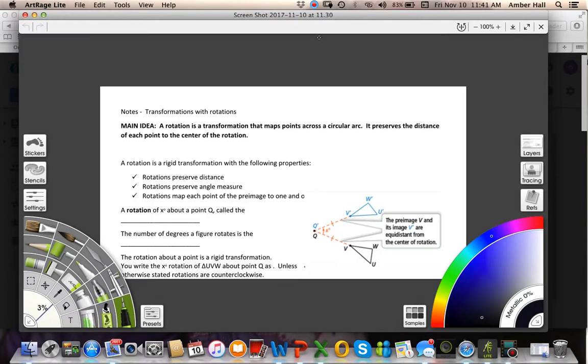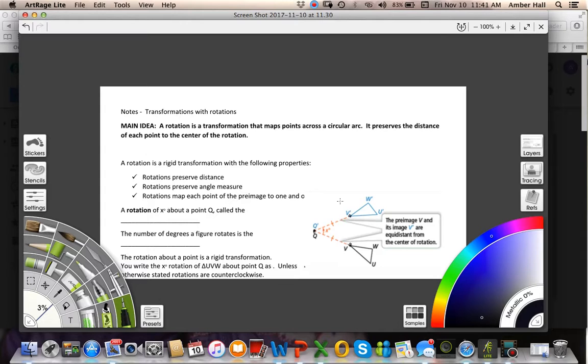The shape is going to stay the same, right? We're just rotating it around this centerpiece. And again, just like reflections, all these points are going to be the same distance away from our center of rotation, from our pre-image and our image. So if V is this far away, then V prime is going to be that far away.